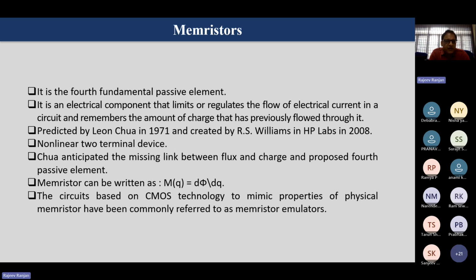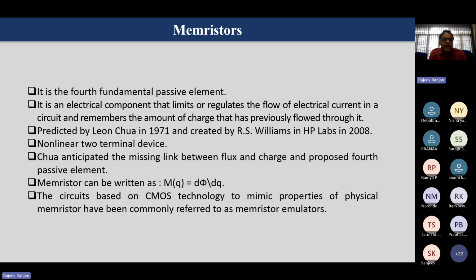That was brief. Now I'm quickly repeating it. Memristor is a fourth basic element. It is an electrical component that regulates the flow of electric current in a circuit and remembers the amount of charge that previously flowed through it. This is the basic definition.